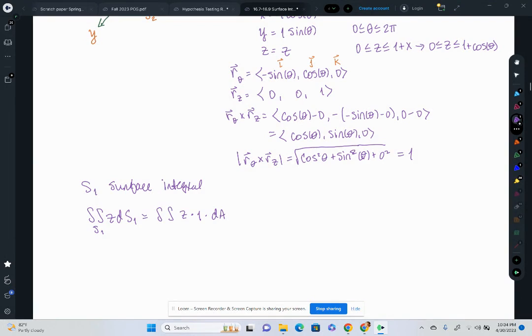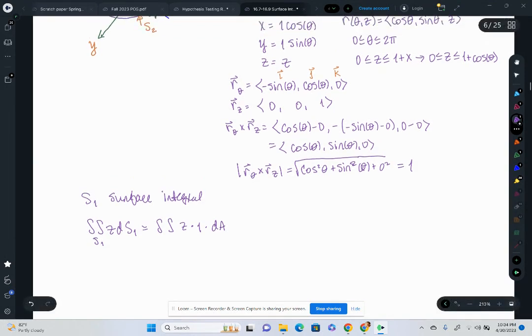We parametrized, so we have dz d theta, so we're not going to write dA. We've got a double integral. Theta goes from 0 to 2 pi. Z goes from 0 to 1 plus cosine of theta. And then we have z, and then we have dz d theta. Okay?